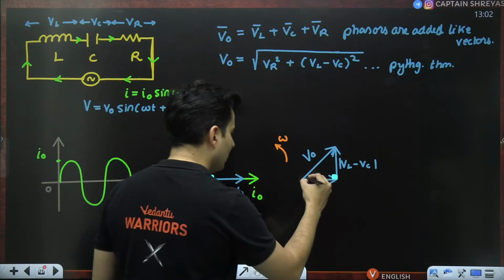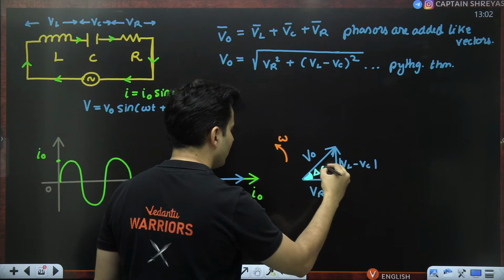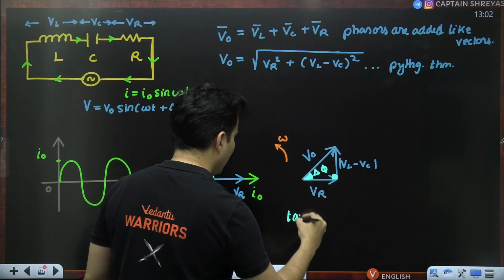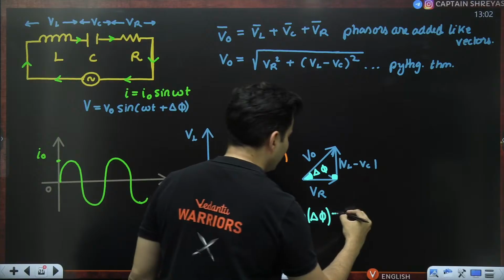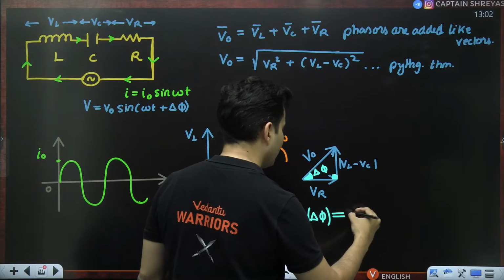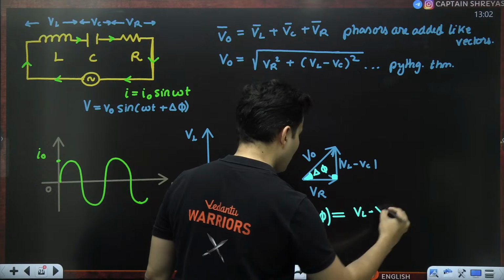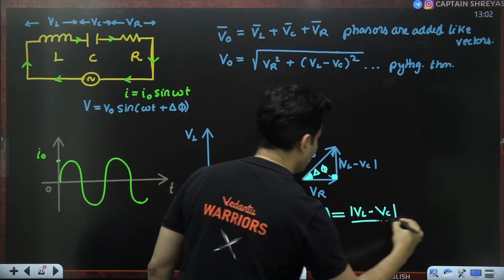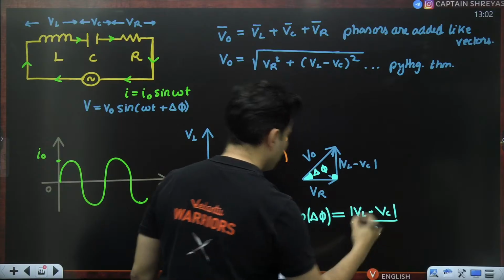Or here also you can do the same thing. This same angle is there over here also. This is your delta phi. So tan of that phase difference between voltage and the current is nothing but again |VL minus VC|, I don't know who is big, so mod, divided by your VR. This will also do.